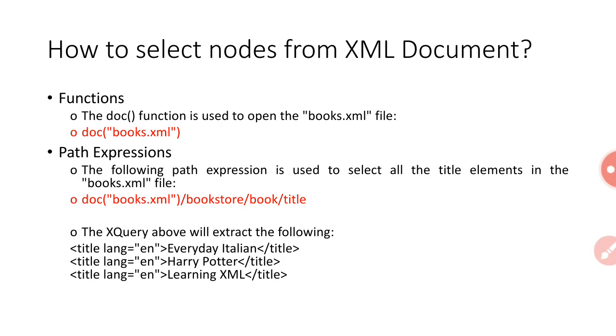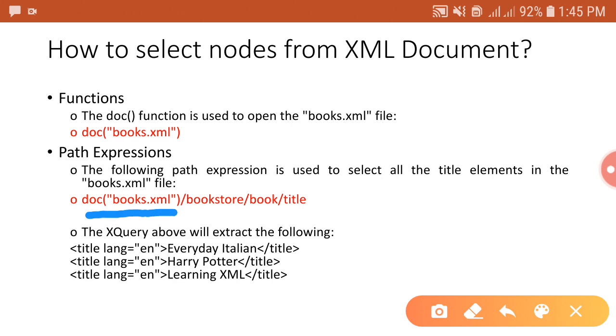Here, the doc function will open the books.xml file. Then this particular path /bookstore will select the bookstore root element. Then this part /book will select all the book elements in the bookstore element.